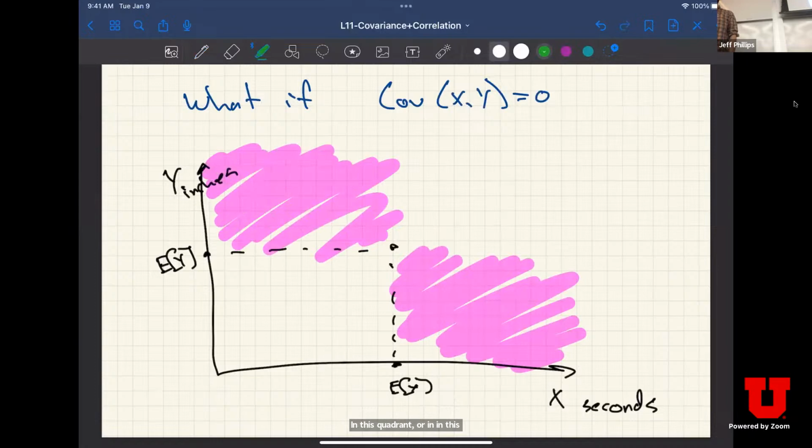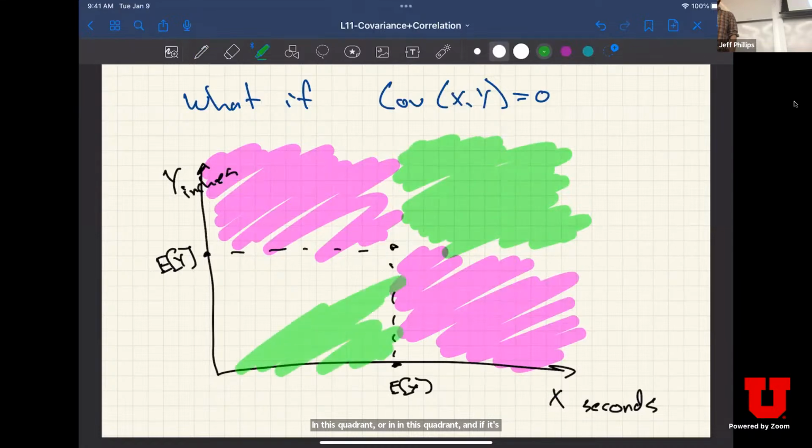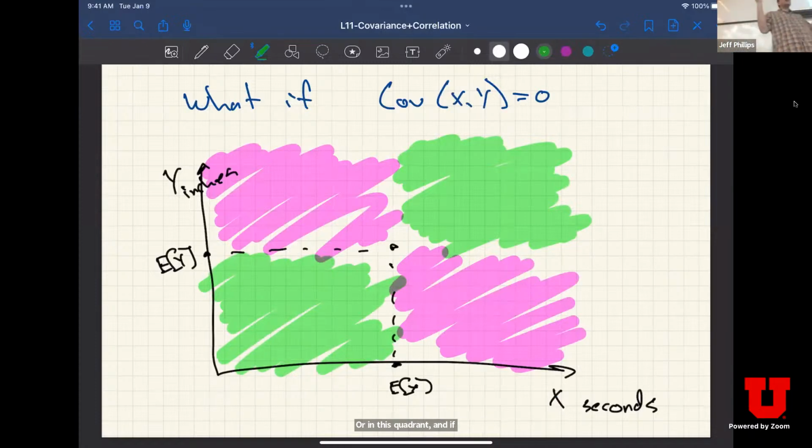If it's positive covariance, it's more likely in this quadrant or this quadrant. And if it is exactly 0 or very close to 0, then this should be somehow balanced, right? About an equal amount of the pink and the green.